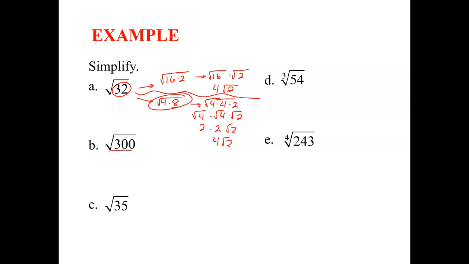Largest factor of 300 that is a perfect square. So I've got 100 times 3. This gives me a square root of 100 times the square root of 3, 10 root 3.